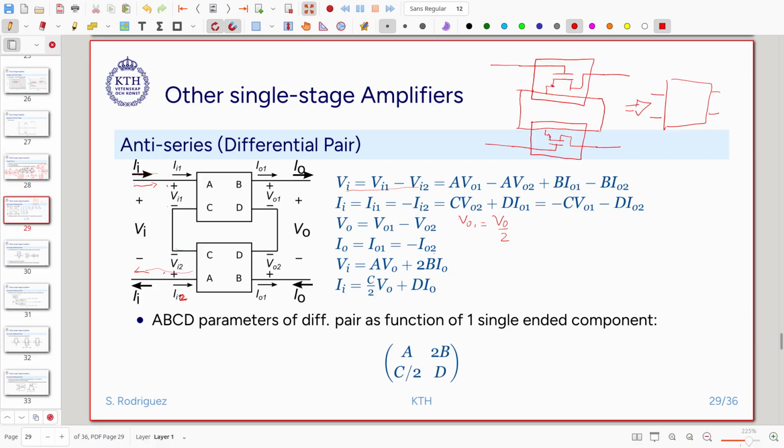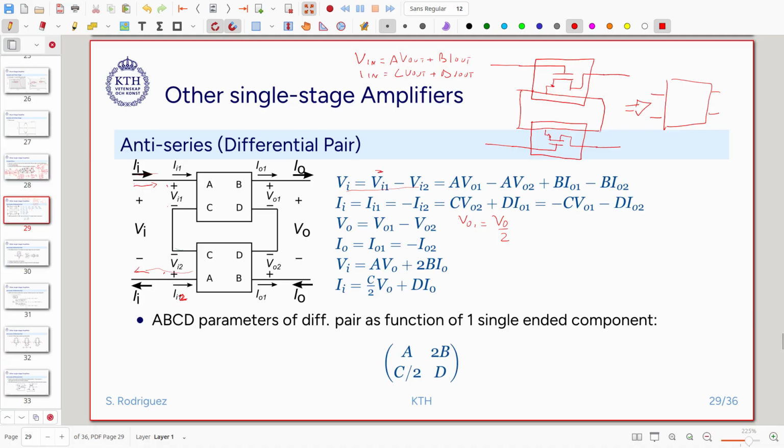Okay, so we go forward. Remember that for the ABCD parameters, Vin is equal to A Vout plus B Iout, and Iin is equal to C Vout plus D Iout. So we're going to expand this equation that we have just created. So we start with the first one for the input voltage.